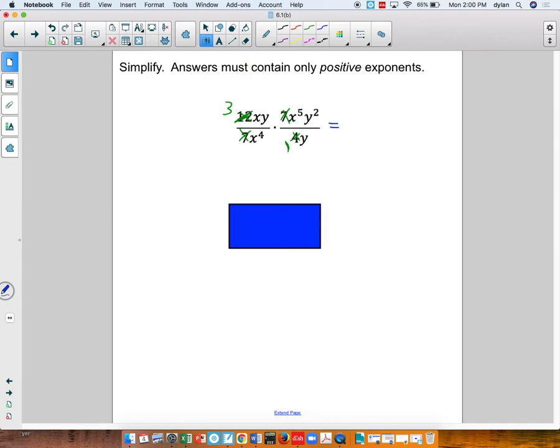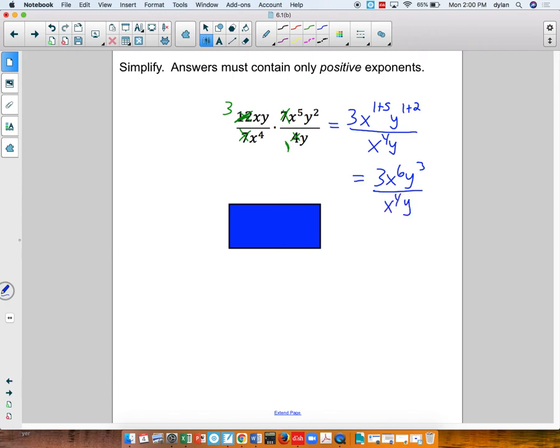So in the numerator, we would have 3x to the 1 plus 5, y to the 1 plus 2. And in the denominator, we have no more coefficients, so we just actually have x to the 4th y. So this is the same thing as 3x to the 6th, y to the 3rd, over x to the 4th y.